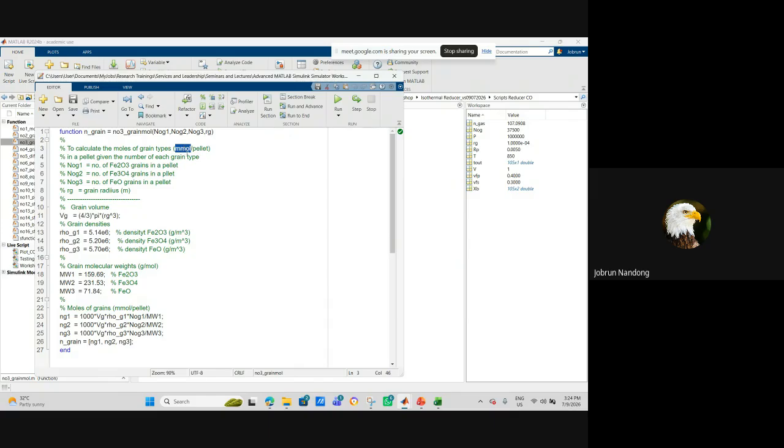If you use a mole, the value is very small, so I just use millimole for the pellet. And then, of course, there's the number of grains. Here we need the number of grains for each type. If we know the number of grains for each type, we should be able to calculate the moles of that grain. So NOG here is number of grain 1, number of grain 2, number of grain 3. RG is the grain radius.